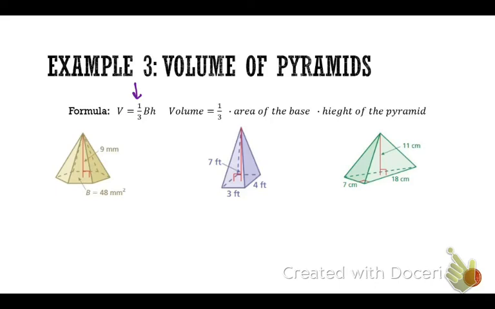But a pyramid collapses, those faces collapse to form the peak. So when we divide by 3, we're accounting for the loss of volume for those faces to collapse and form the peak. So it's the same calculation that you did yesterday, except at the end you divide by 3.